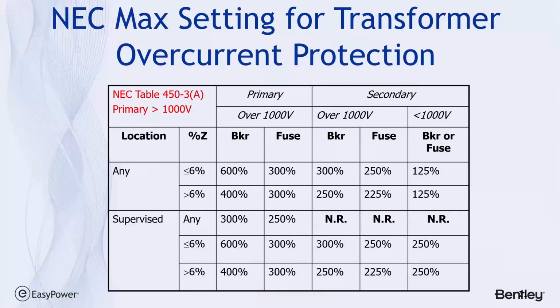But if we're using a fuse, we want to limit that to 3 times, or 300% of full load. So this is a good reference point, and if you're doing new designs, this is something you should pay copious attention to.